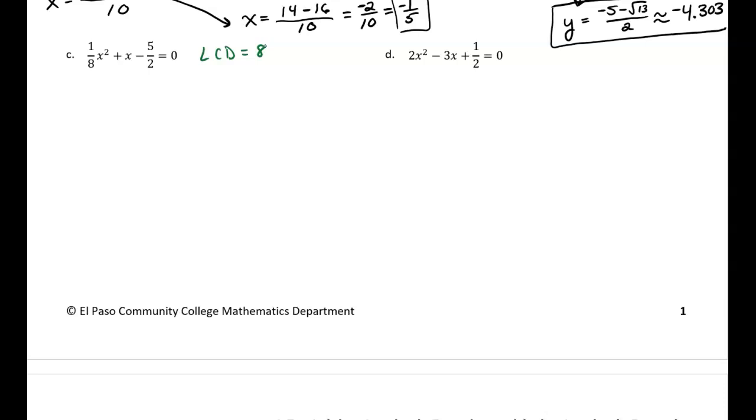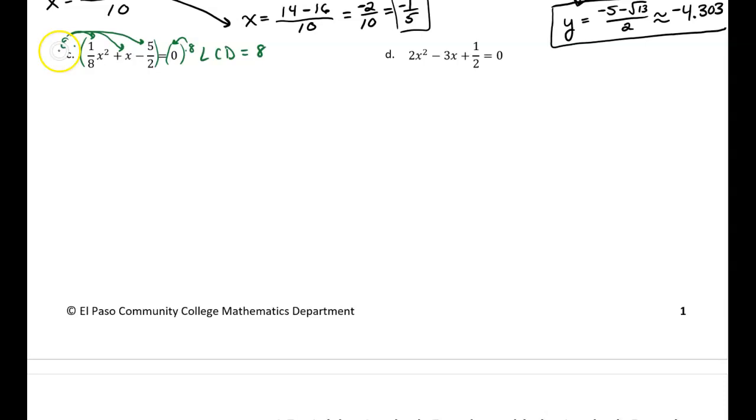I can get them both to be an 8. In other words, if I multiply 8 times both sides of my equation, that's going to get rid of my fractions. So I have to distribute. I have to multiply every part of the equation by that 8.